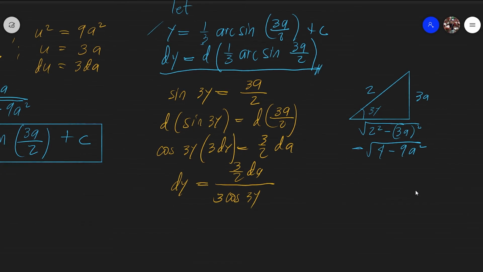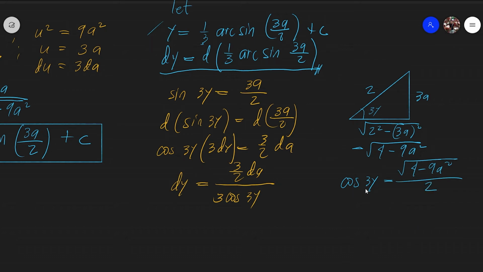So to get the value of cosine 3y, cosine is adjacent over hypotenuse. Your cosine 3y therefore is equal to the square root of 4 minus 9a squared all over your hypotenuse, which is 2.